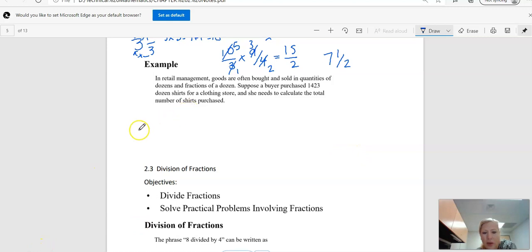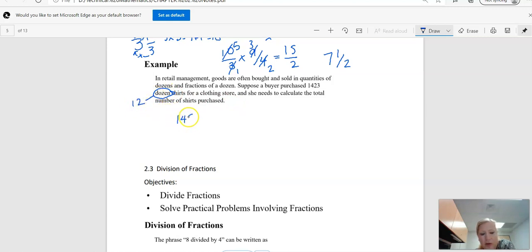In retail management, goods are often bought and sold in quantities of dozens and fractions of a dozen. Suppose a buyer purchased 1,423 dozen shirts for a clothing store, and she needs to calculate the total number of shirts purchased. Well, we need to know what a dozen is, right? A dozen is 12.